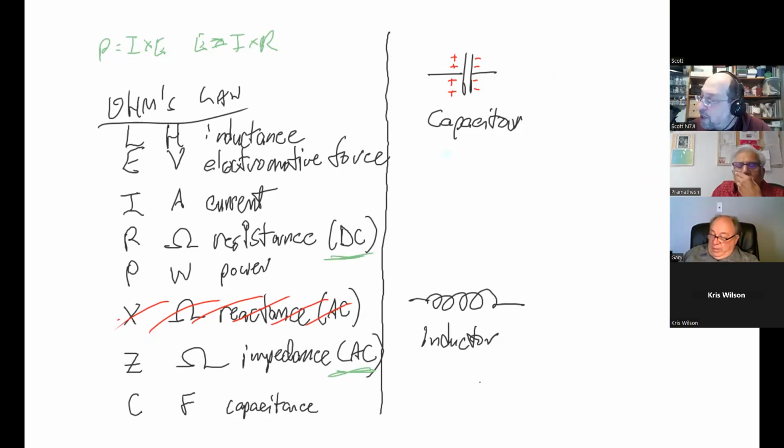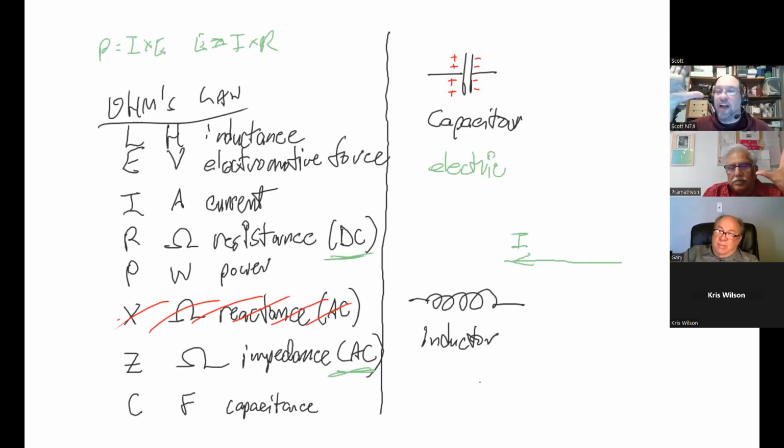Okay, so now what we're going to do is take a look at this thing called an inductor. Again, a capacitor is an electric field energy storage device. Now, we're going to have a current flowing through a piece of wire. Can everybody see that arrow with the I? Okay, everybody hold up your right hand and stick out your thumb. This is an interactive exercise.